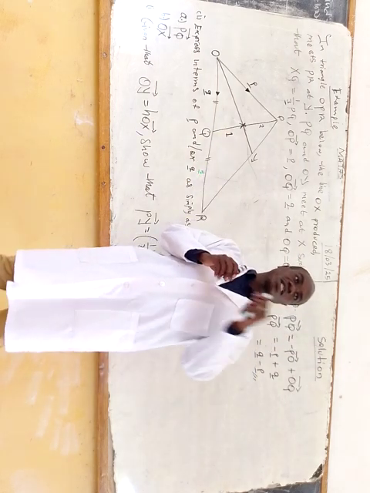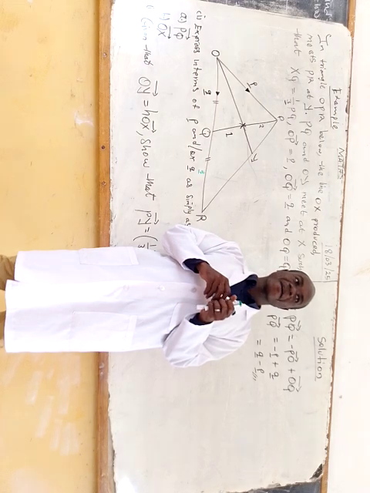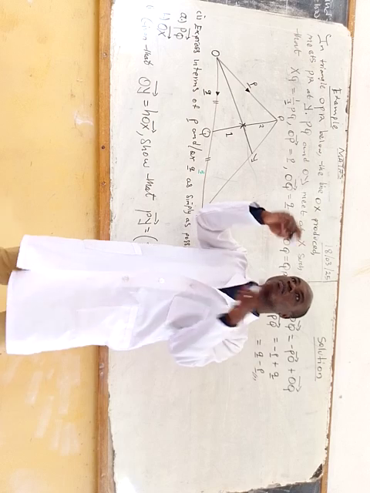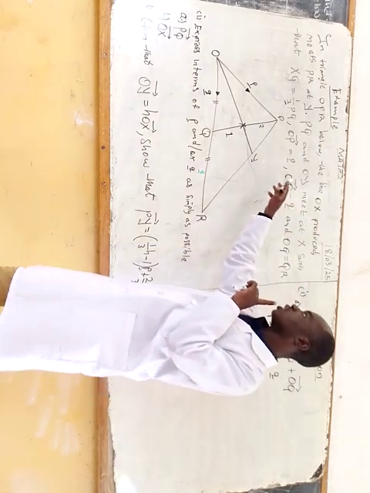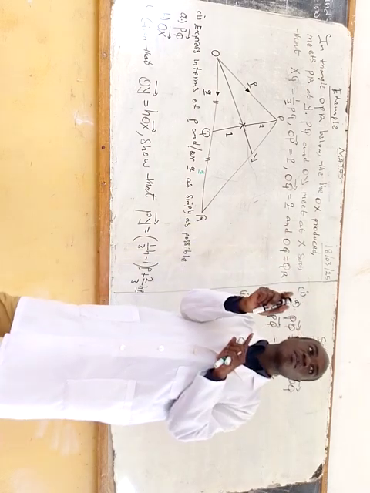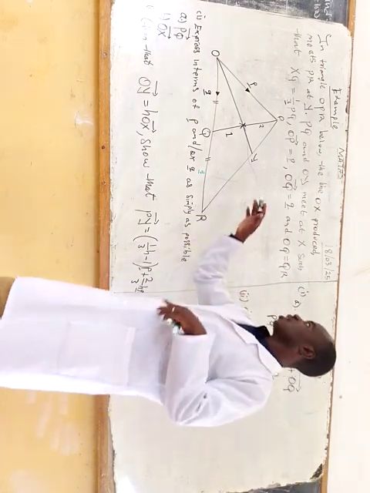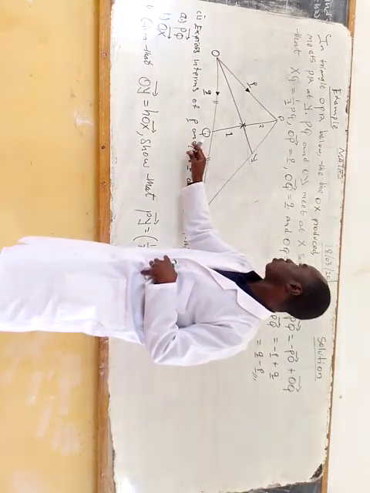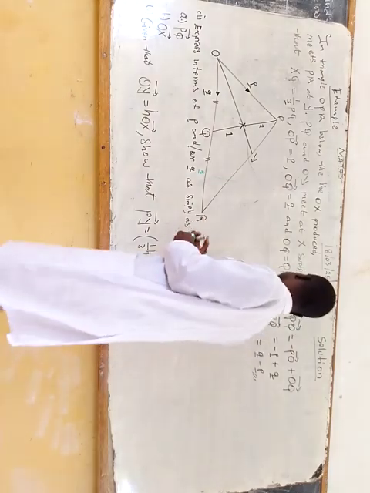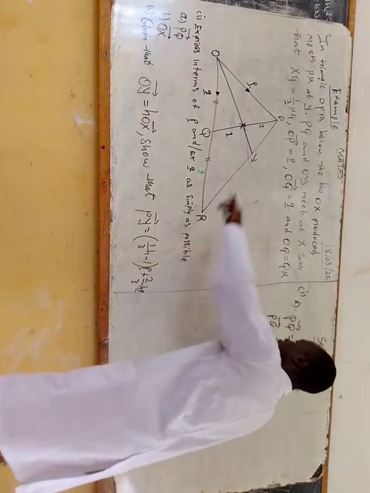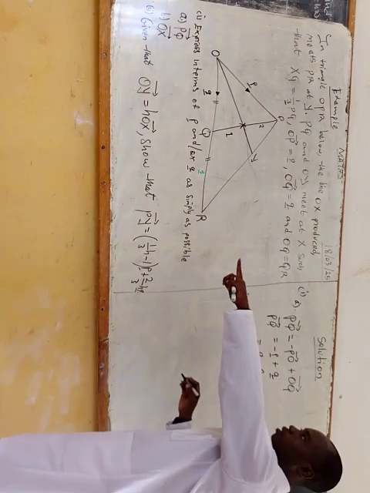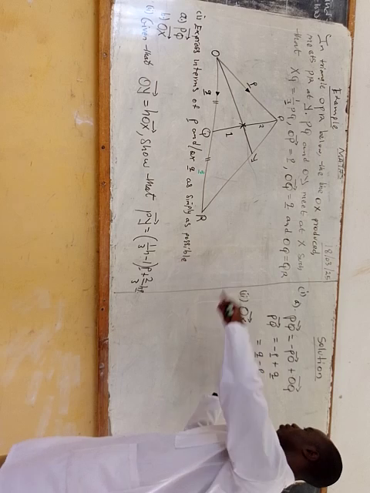Negative. Why negative? Go back to the statement of the question. Did they mention PQ or QP? It will tell you whether it is negative or positive. It's moving from P to Q, so it will be negative. So we move O to Q, positive, then minus QX.